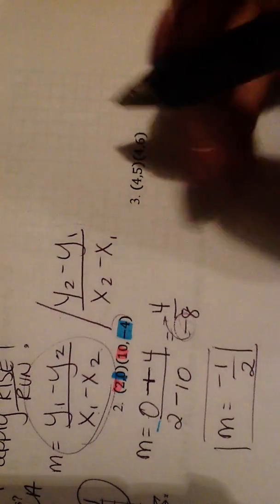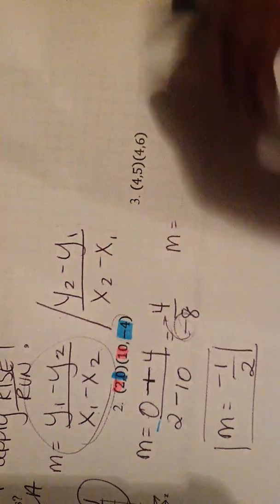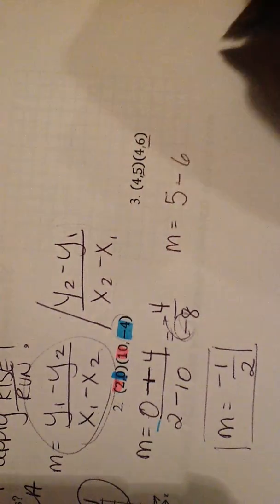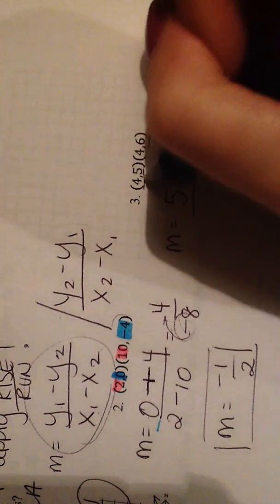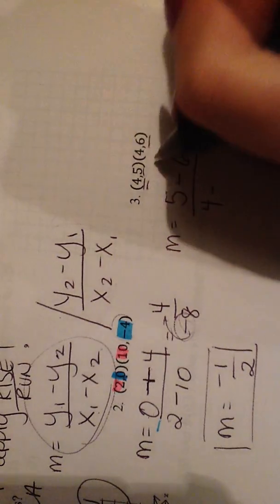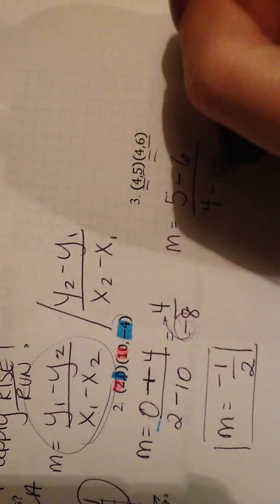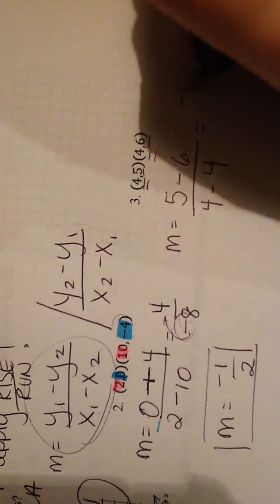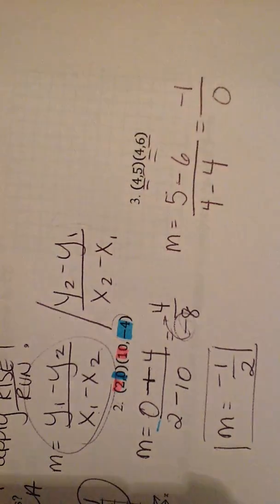So now I'm going to look over here at this third problem. So same thing. m equals first y value 5 minus second y value, which is 6, all over first x value, which is 4, minus second x value, which is 4. So now I'm going to clean it up. 5 minus 6 is negative 1. 4 minus 4 is 0.